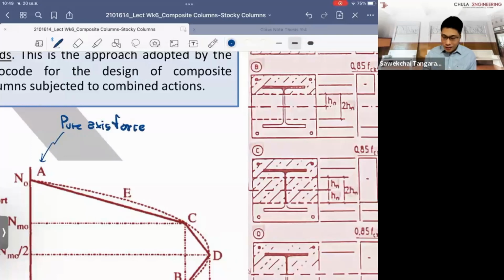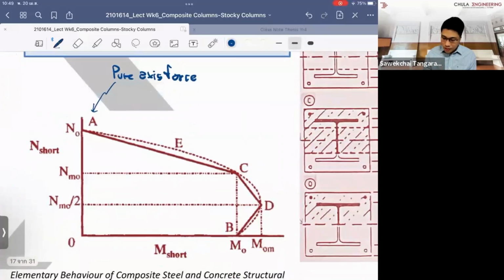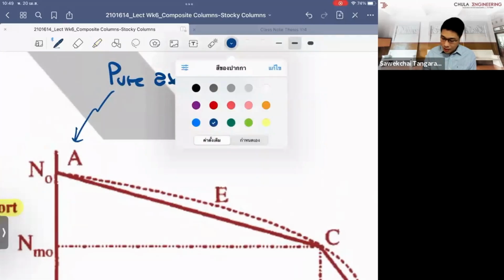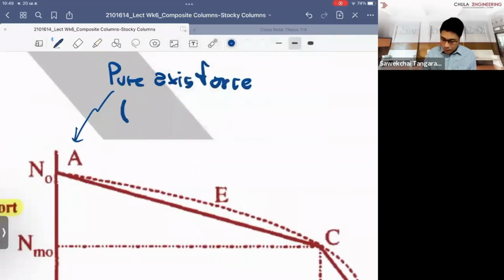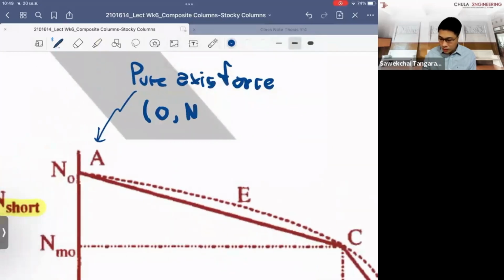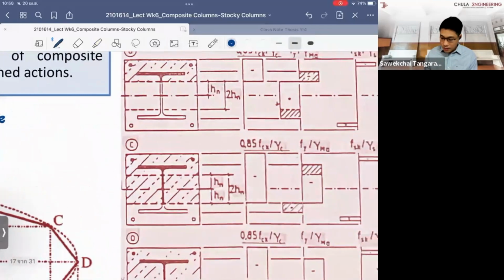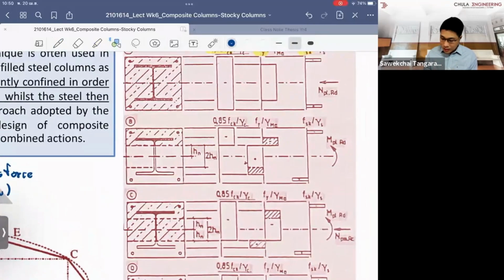When it's a pure axial force, to plot it in the graph representing the ultimate strength for the axial force and the bending in X and Y, we're saying that at this point of the graph we have 0 bending, and we have the squash load for the axial.